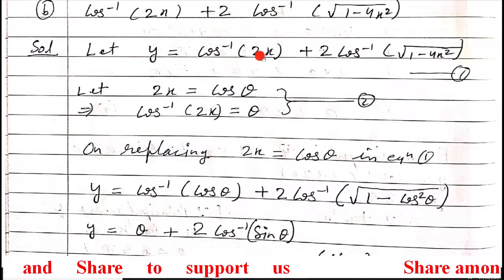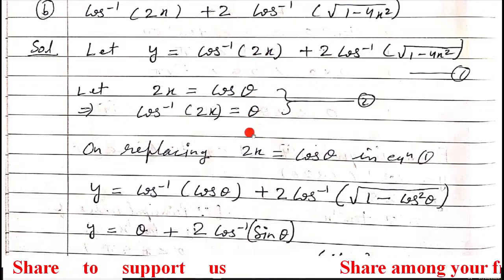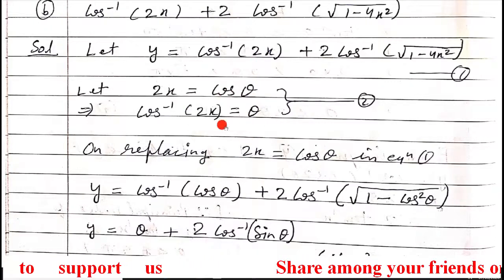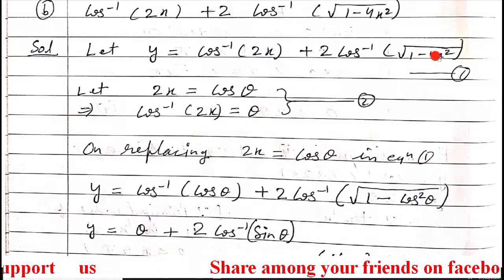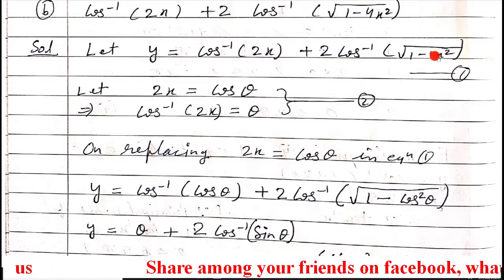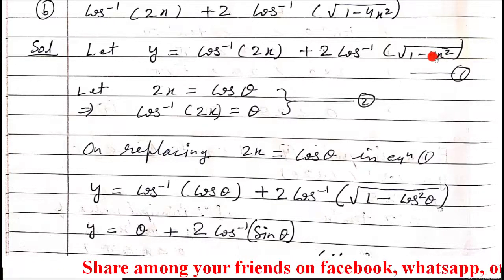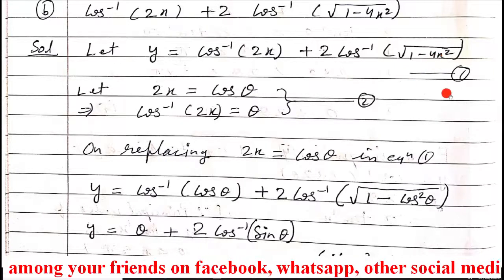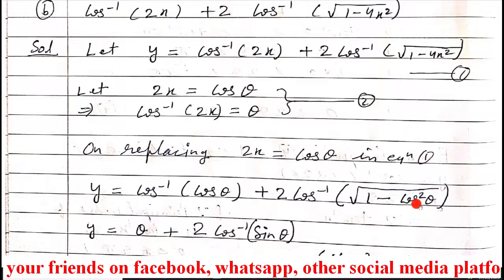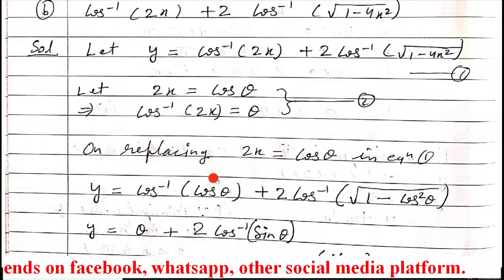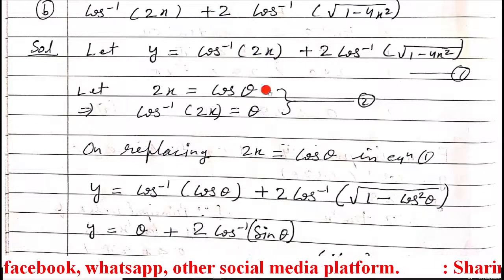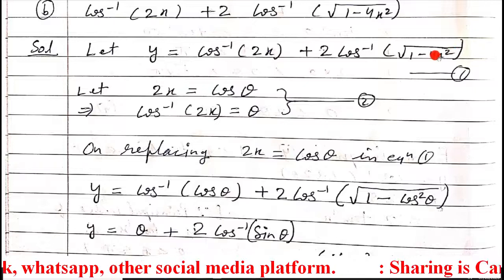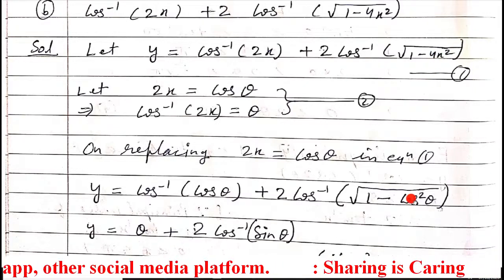Instead of 2x we are going to write cos theta because we assumed it here. Now this 4x square we can write as (2x) square, and 2x value is cos theta. So instead of 4x square, cos square theta will come. So we have done the replacement: instead of 2x, cos theta, and instead of 4x square, cos square theta.